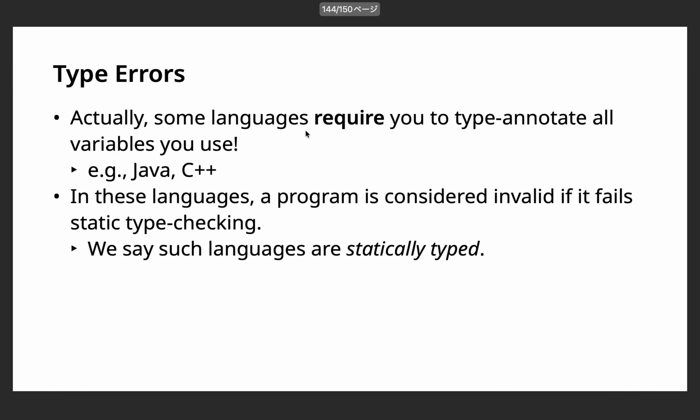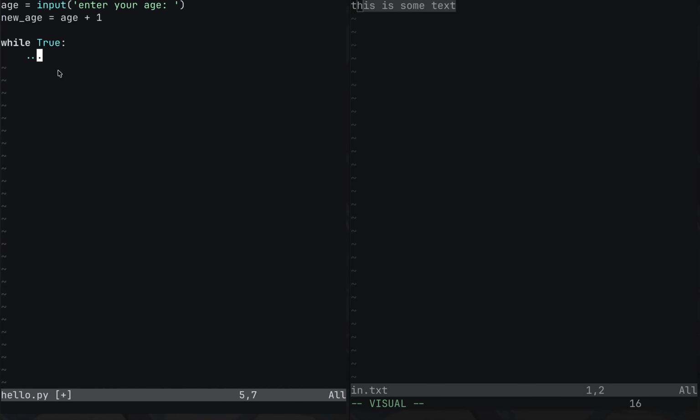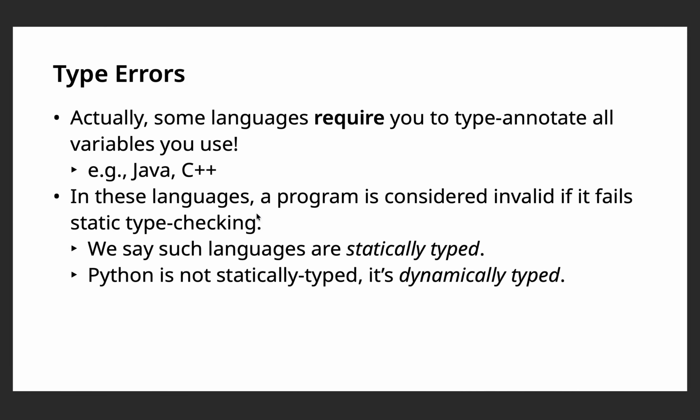Those languages where they check your types before actually running the program itself, we say that those are statically typed languages. While Python, since again it doesn't care about whether you have type hints or not, we say that it's dynamically typed. It only checks that the types work out during runtime.